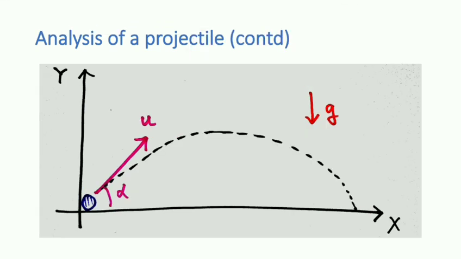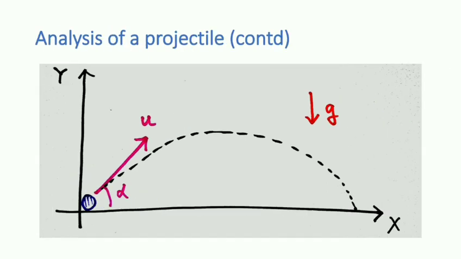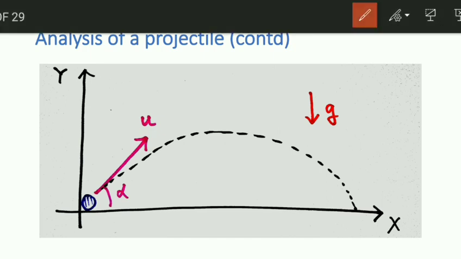See the path I have drawn here. This path is shown using a curved line. Now we can resolve this initial velocity into ux and uy, where ux is the x component and uy is the y component.